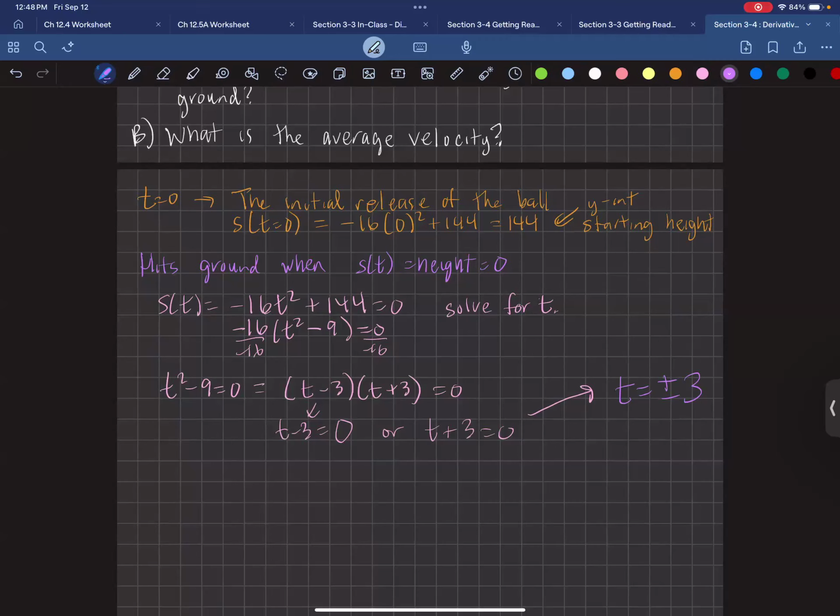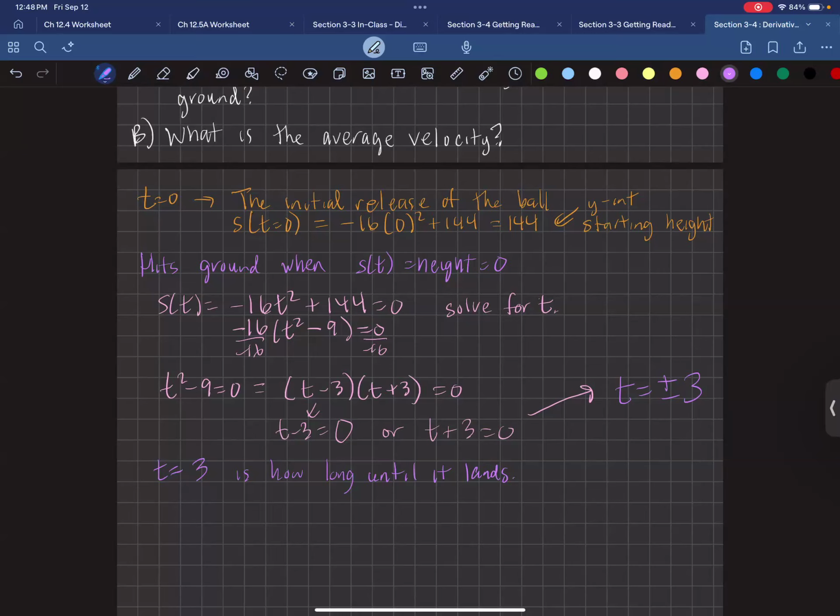Positive 3 is kind of like how long until it lands. And in this case, it's the only thing that's applicable.